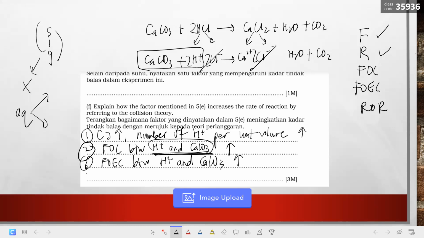Okay, and my last line, Zahir, you can do the last line. Okay, correct. We go ROR increases. Excellent. In the marking scheme, you would have gotten 5 marks if it is an essay question. This is a complete 5 marks answer. So if teacher stresses on something, it's important.